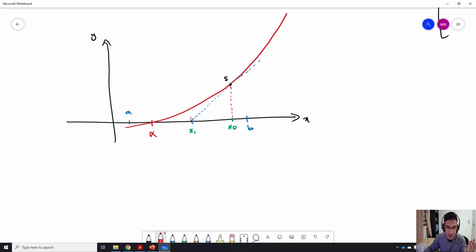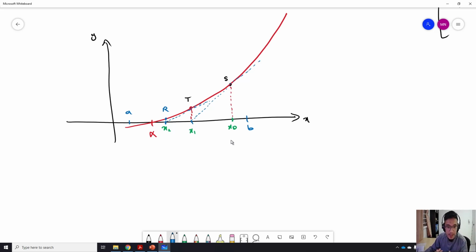So x1 creates another point on the graph, called T. Then the tangent at point T will intersect the x-axis at x2. Let's name the point above x2 as R, which touches the graph.